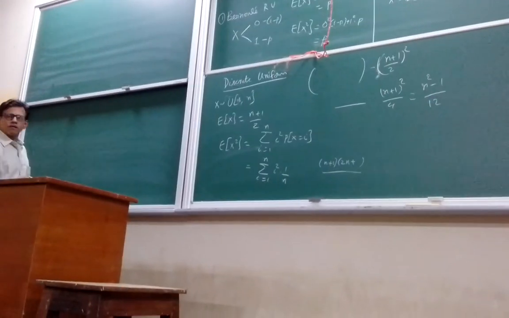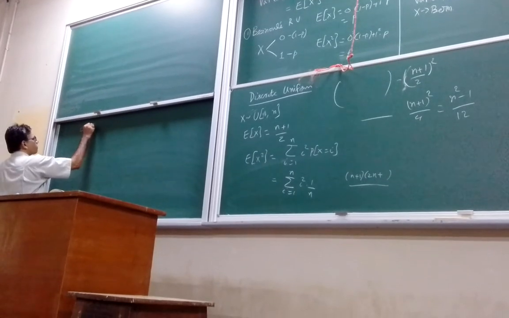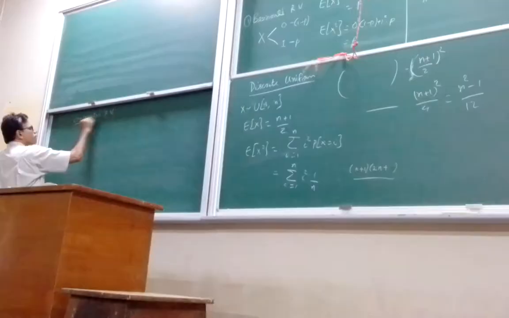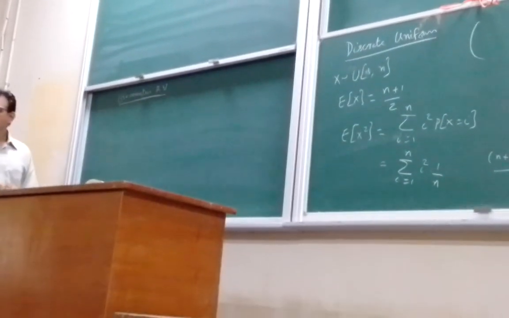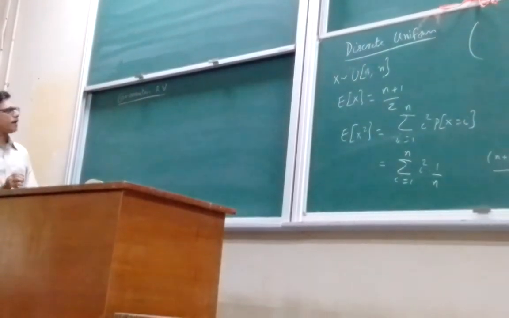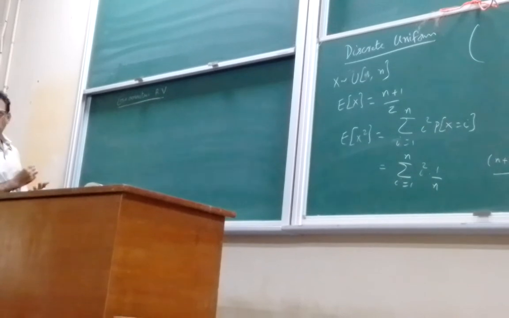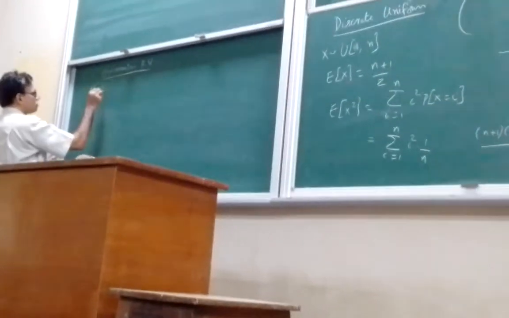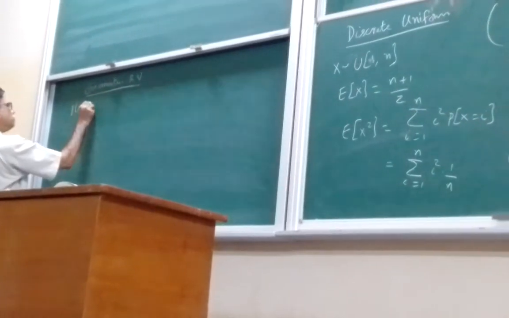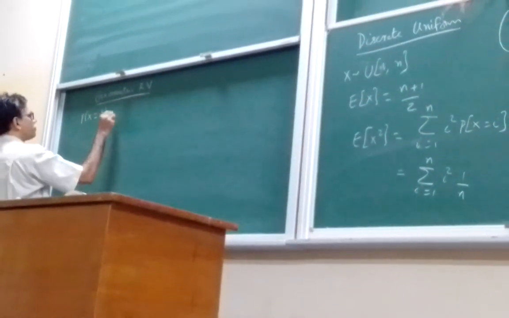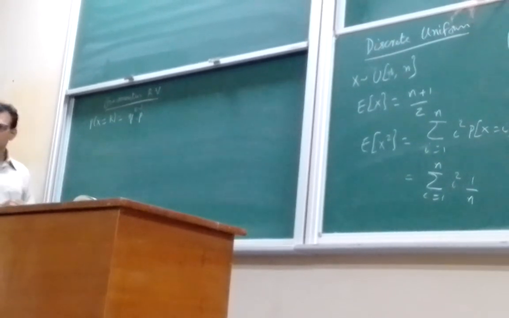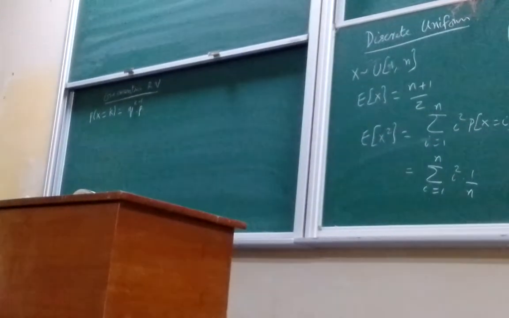Then we will find out for the geometric random variable. So here, geometric random variable, the probability that x equals k is q power k minus 1 into p.